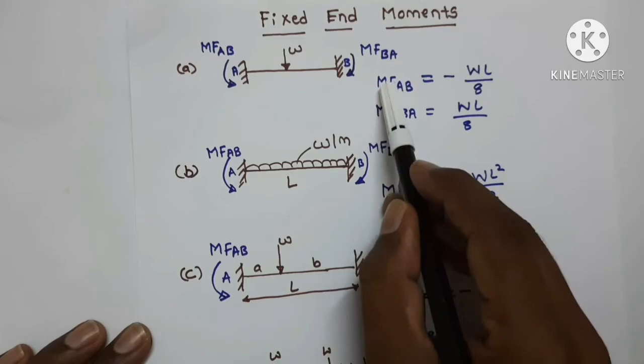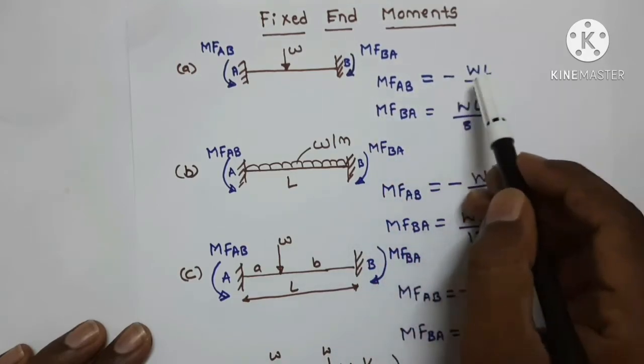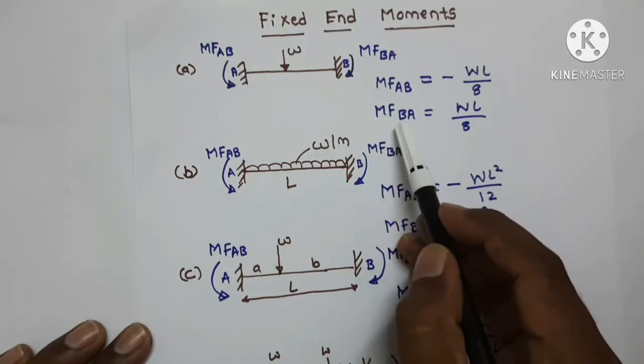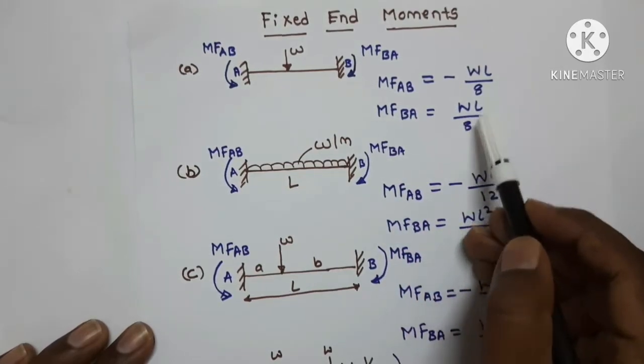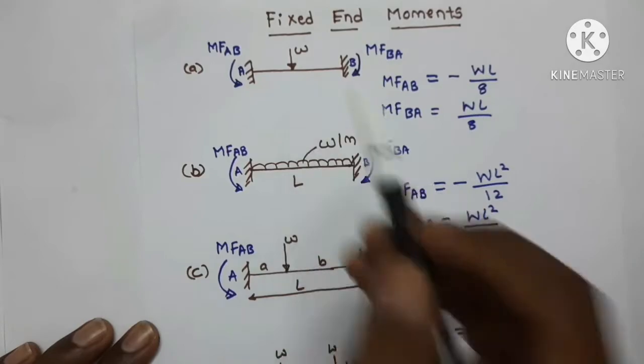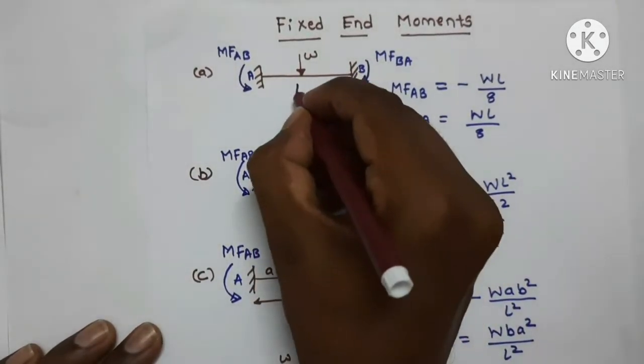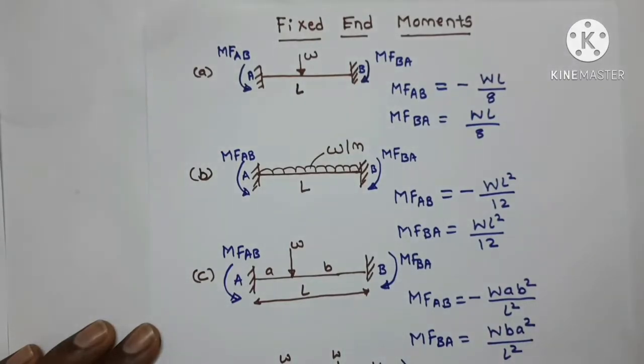Here MFAB is equal to minus WL upon 8 and MFBA is equal to WL upon 8, because here the length is L only.